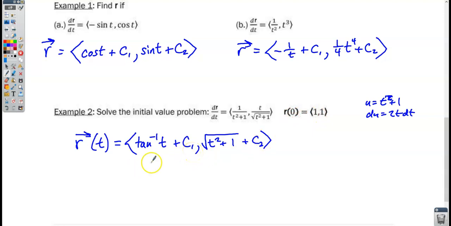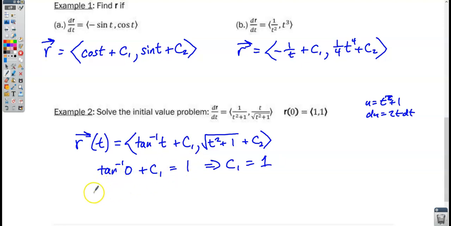And so that means that at time 0, we want the arctangent of 0 plus c sub 1 to be equal to 1. The arctangent of 0 is 0, therefore c sub 1 is equal to 1.